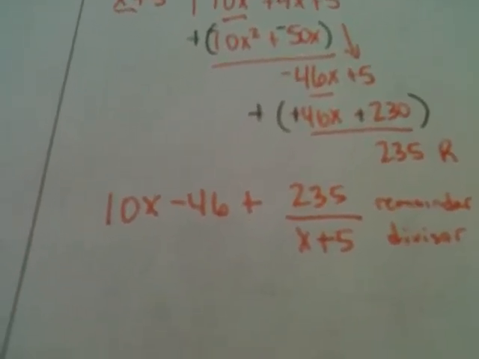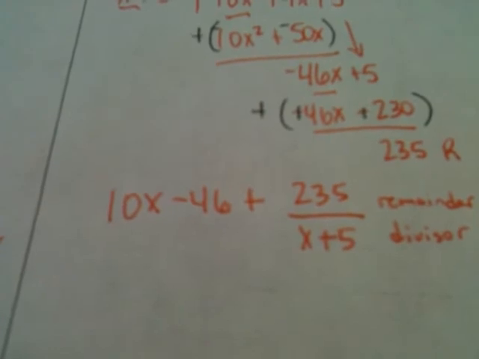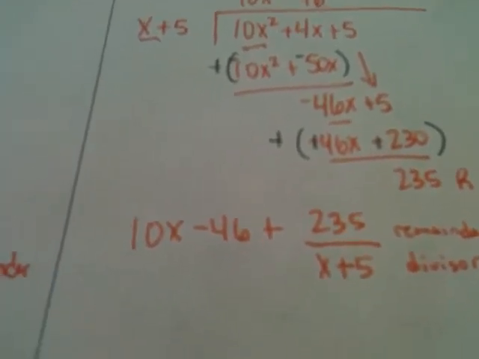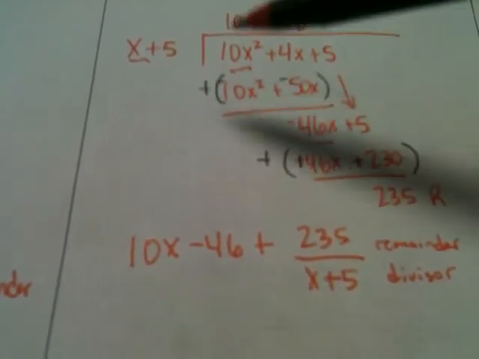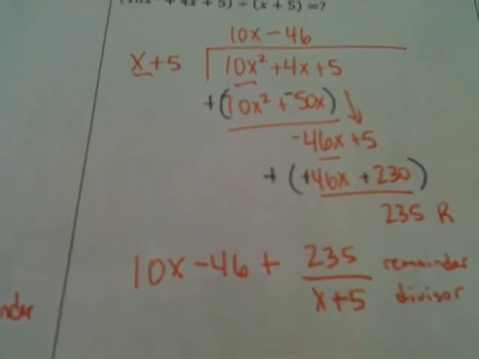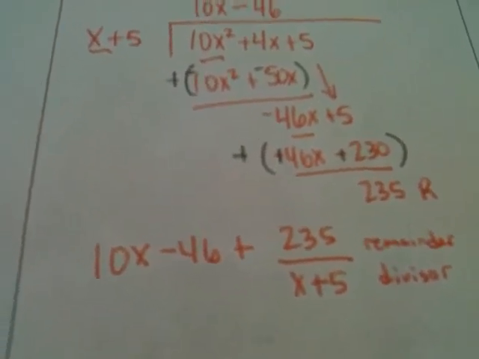It doesn't look nice, but that's the answer. 10x minus 46 plus 235 over x plus 5. That is the answer that you get when you divide this trinomial by the binomial of x plus 5.